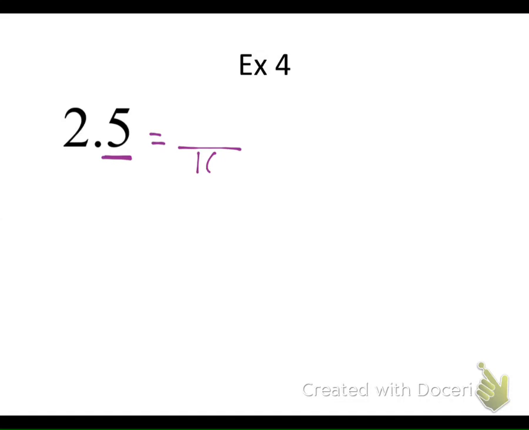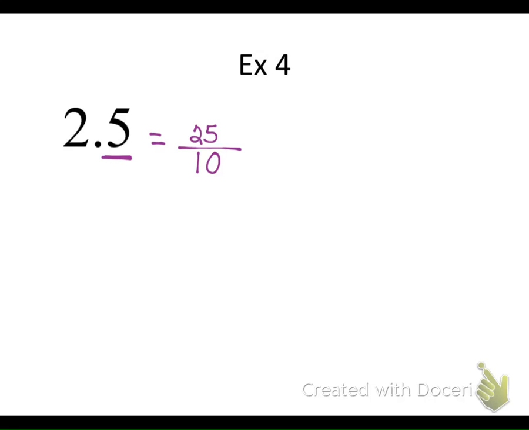10. Okay, now according to our notes, step 2, our numerator is basically that number that we start with without the decimal point. So if I take the decimal point out of this number, what's my numerator going to be? Yeah, so 25. So that's your numerator. Now, what's different about this example compared to other examples?